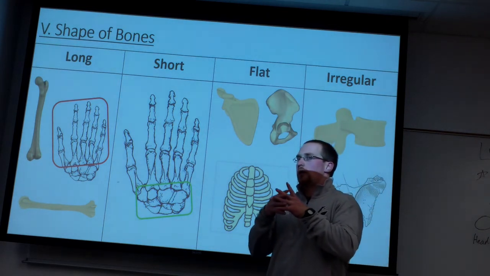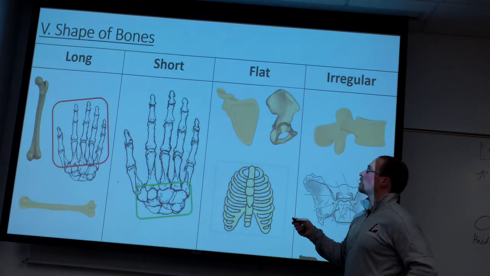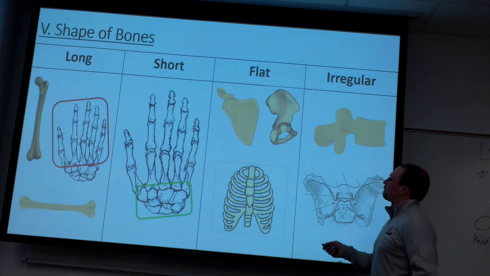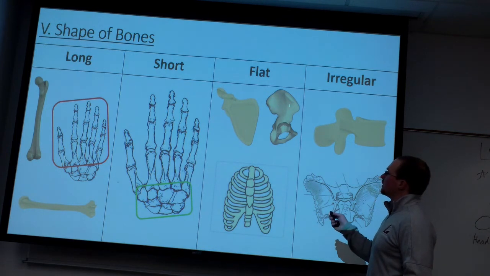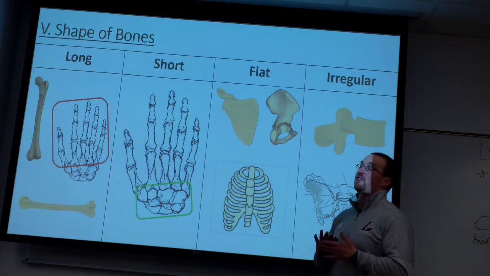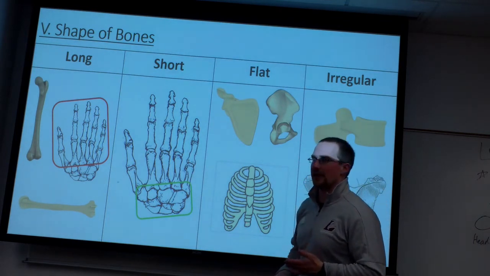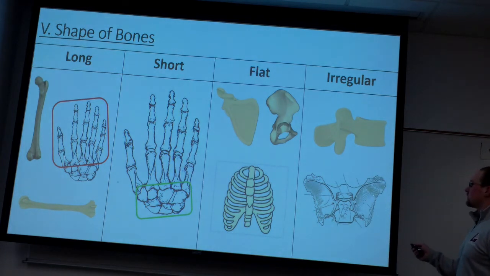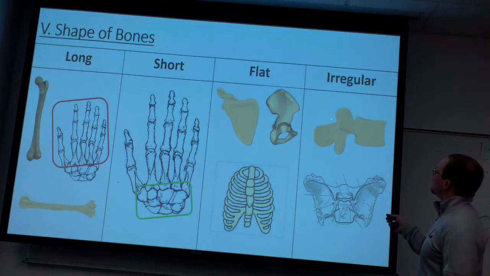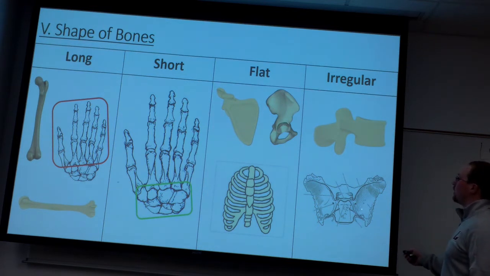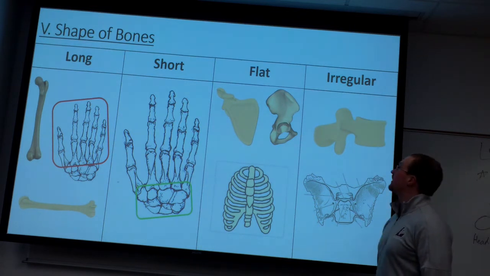They're really small, compact. Those are short bones. Flat bones, whether on your shoulder blades, your pelvic bones, your sternum, they're all flat, kind of like a sheet of paper. Then we got irregular bones, whether it's your vertebrae or some bones of your skull. They don't fit a really specific shape.